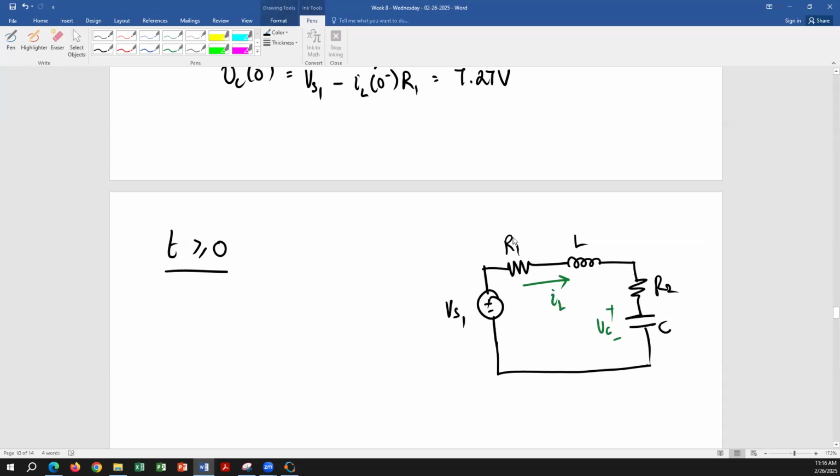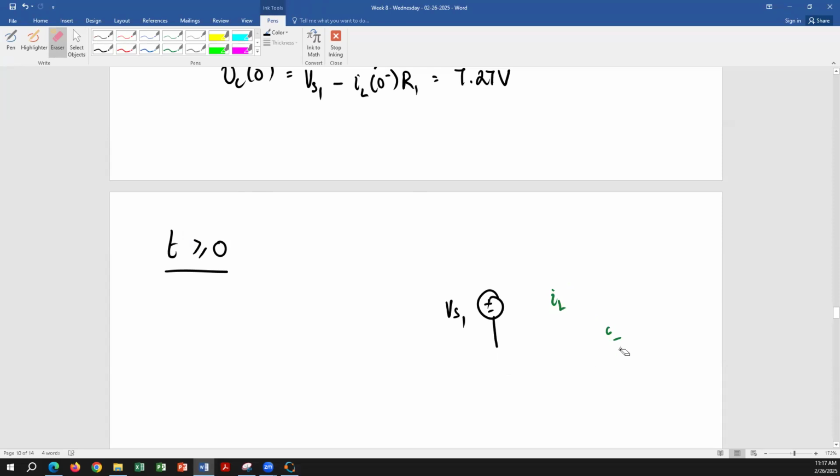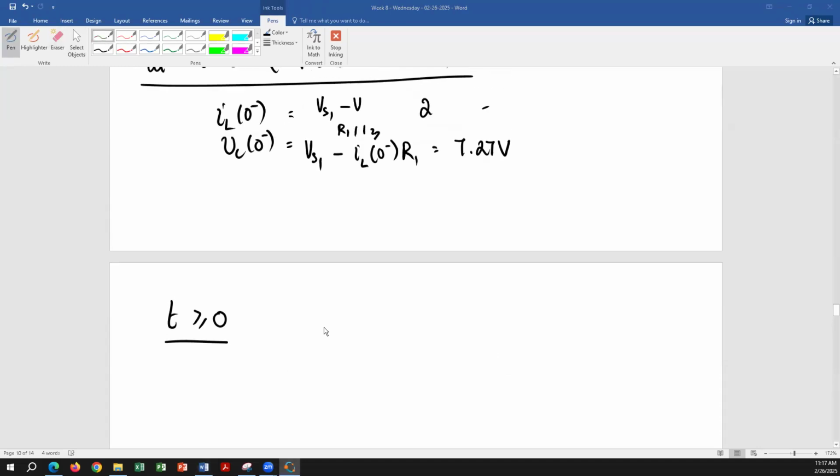Maybe it's easier to just not erase the circuit. I'm erasing it because I want to copy paste, and it's going to move the circuit here and there if I do that. Okay, I'm going to calculate the damping type now.